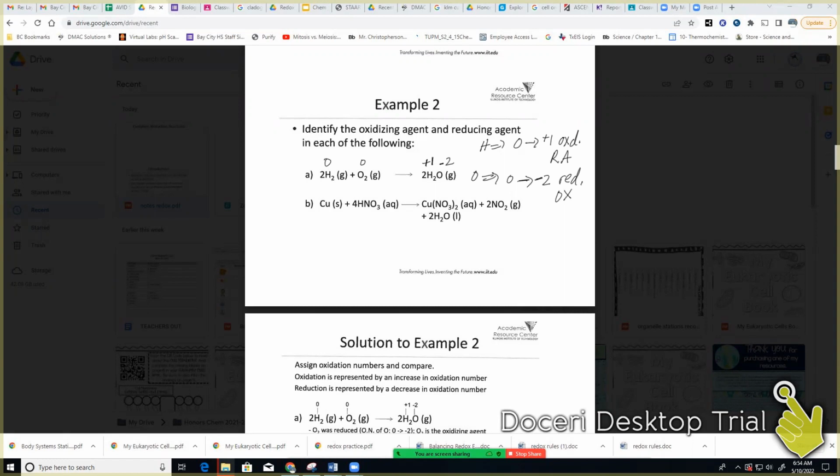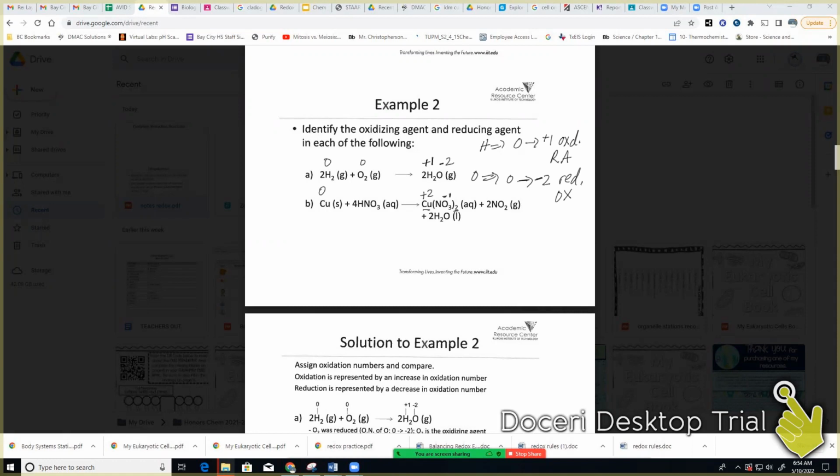All right, when I start on this one, I always look, if I have an element that's by itself and then it becomes a part of a compound in a product, it's probably going to be oxidized or reduced because it's going to go from 0 to some charge. So 0 by itself, and then over here, copper became a +2. Nitrate, NO3, is a -1 ion, and I had 2 of them.